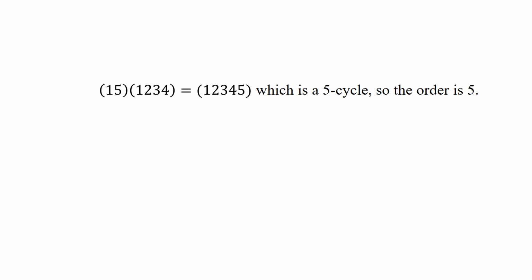In the first case, I have a 2-cycle and a 4-cycle that are not disjoint. So the best way to proceed is just go ahead and compute the product. The product is a 5-cycle, so the order is 5. Product of a 2-cycle and a 4-cycle gives me an element of order 5.